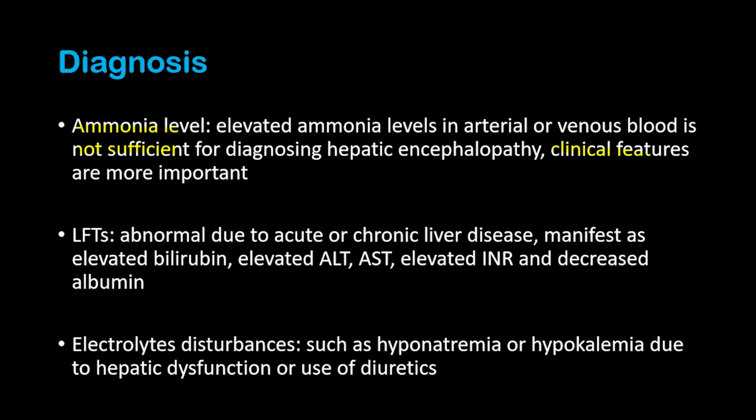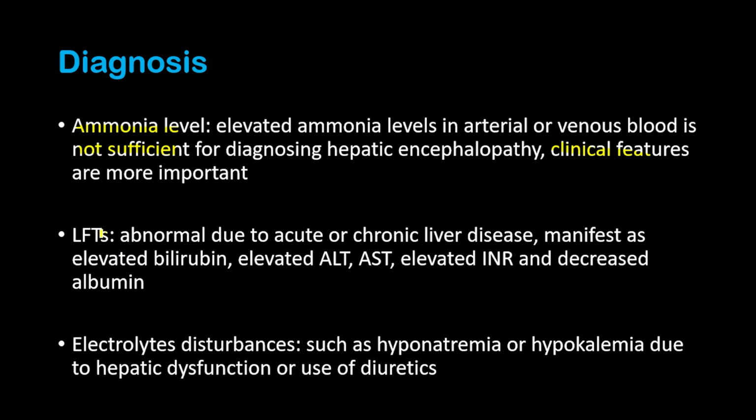And the reason behind the ammonia level variability is because the brain might already have absorbed a lot of ammonia when the test is done. So the ammonia would be low or normal when you take the test, but in fact the brain already absorbed all of that ammonia, and this leads to hepatic encephalopathy despite low blood level ammonia.